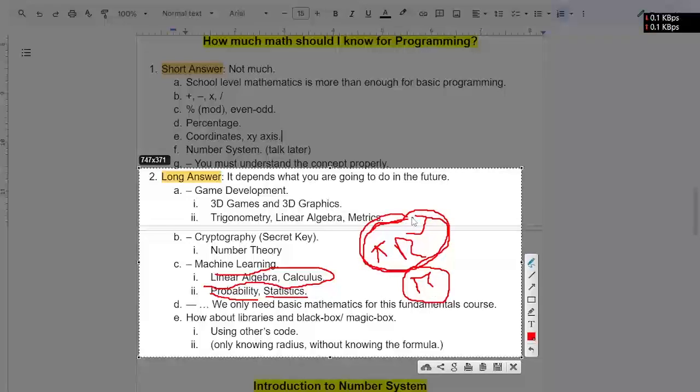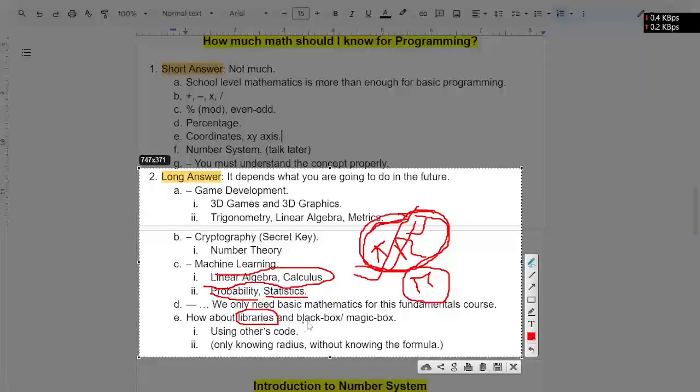So this formula is written in a file or some box. This is called a library, and you don't have to know every formula or everything of that library that is written by some other person, and most of the time we use some other person's code to accelerate our programming, and we don't have to know everything of that library.